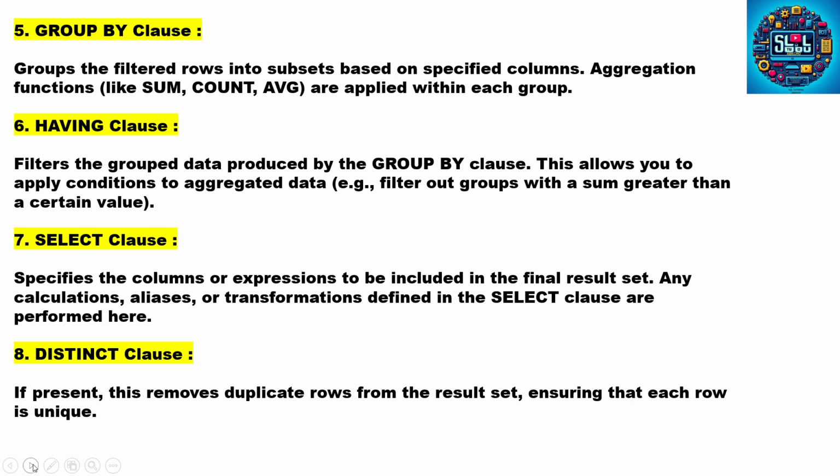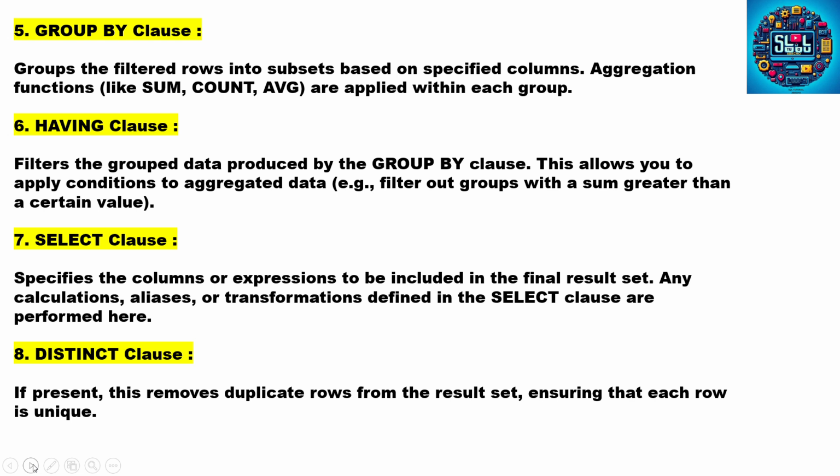Any calculation, aliases or transformation defined in the SELECT clause are performed here. So all the aliases that you provide to the column names, or any transformation such as casting of data types, will be performed at this SELECT clause stage.